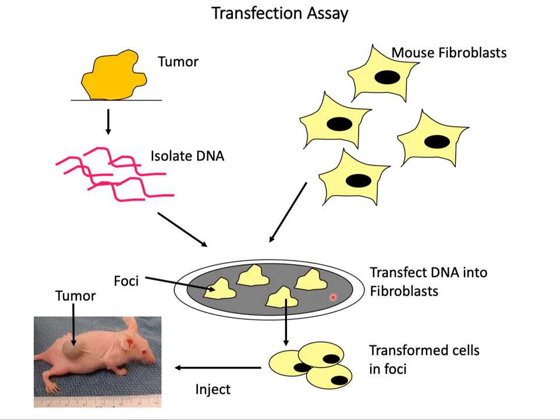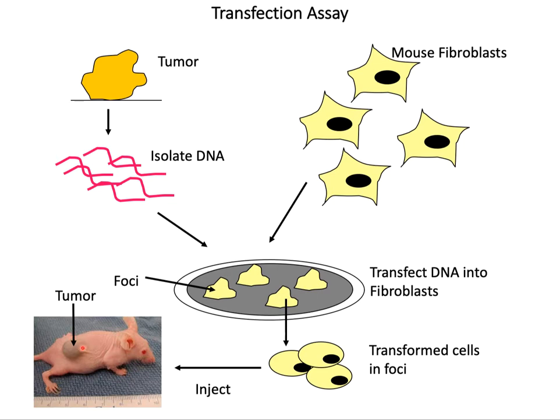In other words, they will start to exhibit a neoplastic phenotype. This uncontrolled growth, the formation of these piles of cells known as foci, is due to a lack of contact-mediated inhibition. And if you take one of these foci and inject it into some kind of compromised SCID mouse as shown in the picture, you will get the formation of tumors.